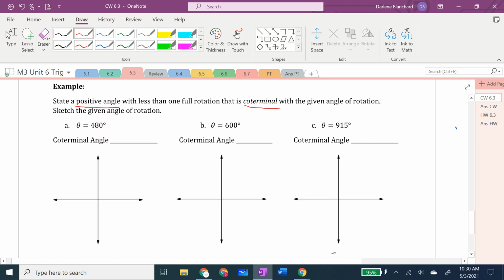So that's the first thing. So if I have 480 degrees, what do I want to do to find a coterminal angle that's less than it?